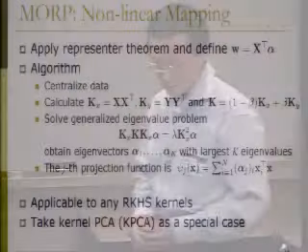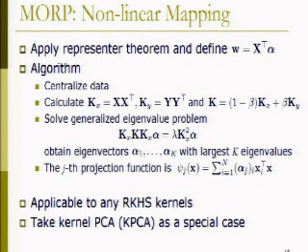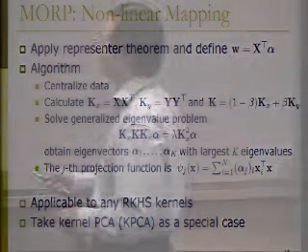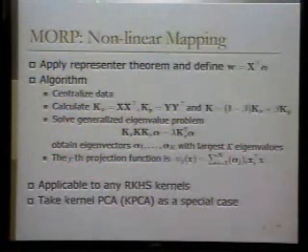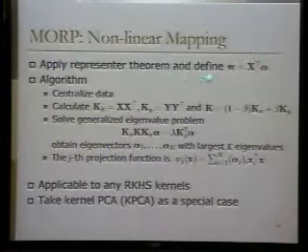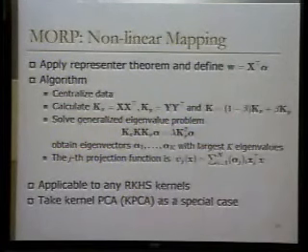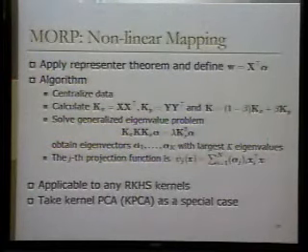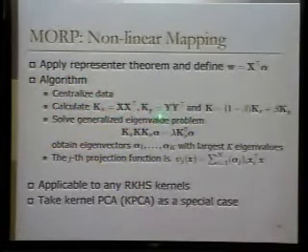We can also derive a nonlinear mapping via the kernel trick, which we briefly describe here. We use the representer theorem, and we constrain that the W vector is linear in X. We can do this by introducing a regularization term on the W norm, and we get this constraint, and we can rewrite everything in terms of the inner product. We centralize the data, calculate the kernel for X and the kernel for Y, and calculate the K kernel by reweighting them.